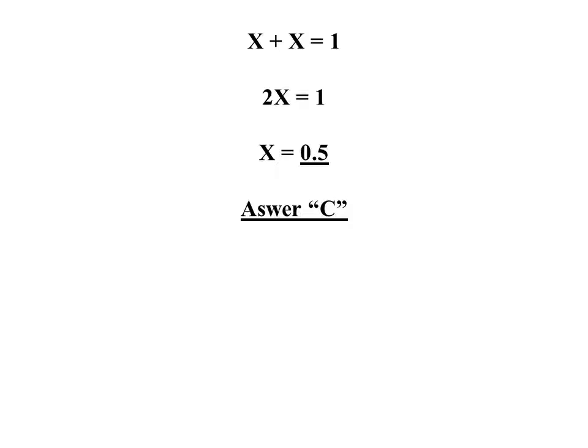Therefore the mole fraction in liquid form plus the mole fraction in gaseous form equals 1. Both exist in equal amount, therefore x plus x equals 1 and 2x equals 1. x is 0.5. Therefore the answer must be C.